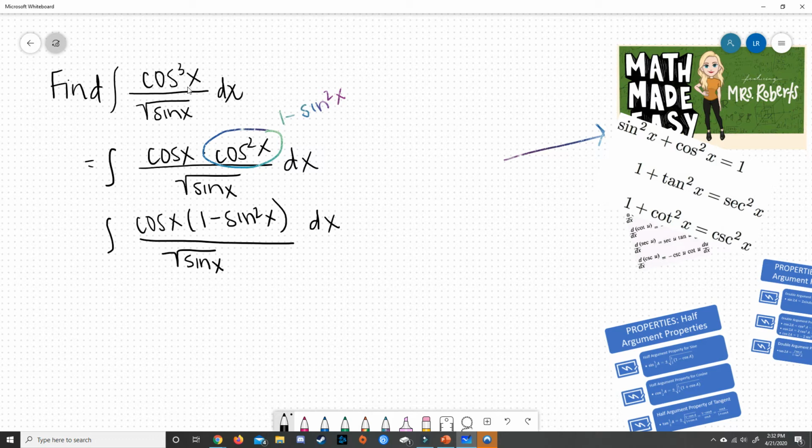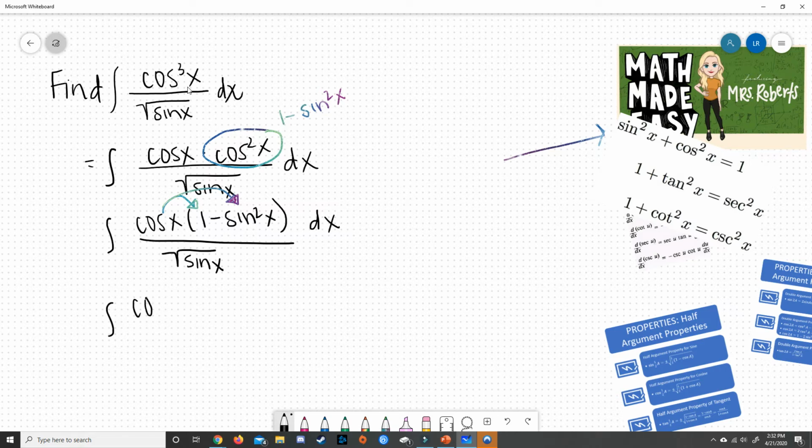And if du is cosine of x, then our u is going to be sine of x. And so we want to prettify this a little bit, split it up, do some distributing, and see where we go. So let's distribute in this cosine of x and see if we can get this in a form that makes a little bit more sense.